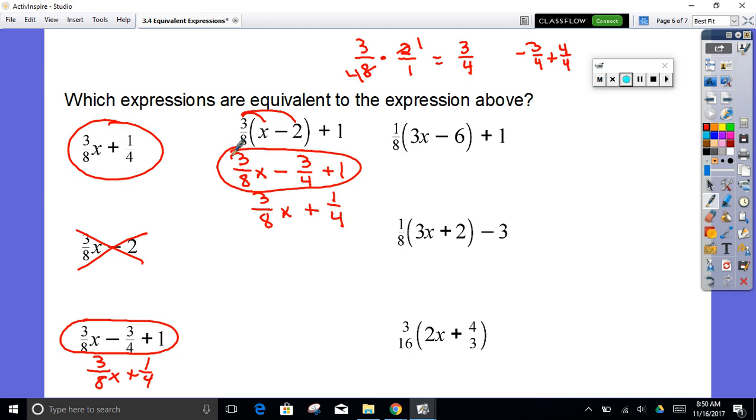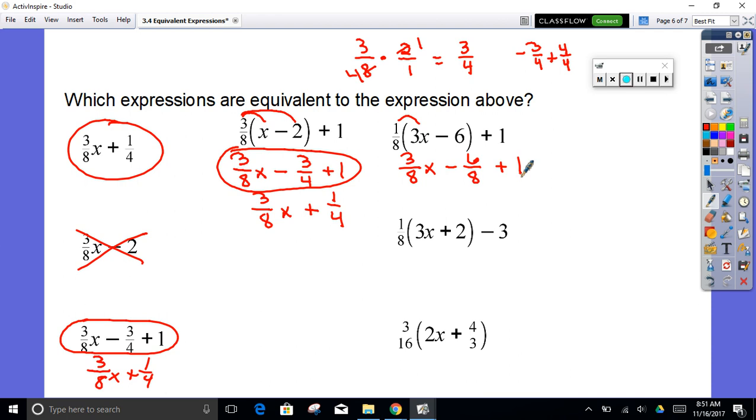Okay, how about the next one? Ailey, can you do this one for us? I did 1/8 times 3x and got 3/8x. Okay? And I did 1/8 times 6 and got 6/8. Okay, so minus 6/8 plus 1. Okay, now what?